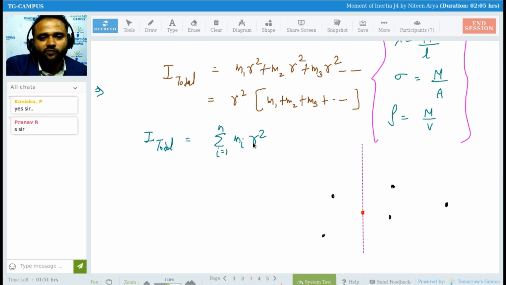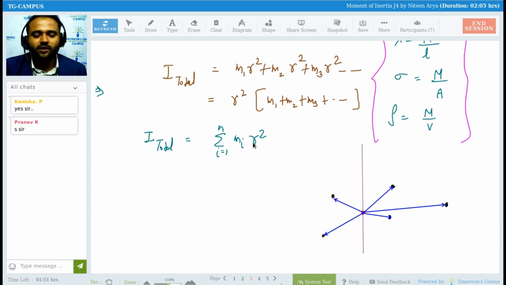From this center, the first particle has this radius, the second this radius, the third this radius, the fourth this, and the fifth this. All the different particles are rotating with the same omega. Suppose this is your m1, this is your m2, this is your m3, this is your m4, this is your m5.